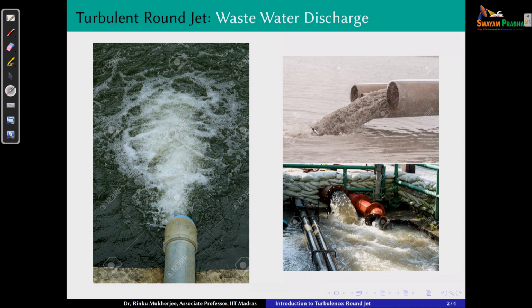That is one thing, and also the conditions in which the fluid was moving through these pipes change. It could be velocity, it could be temperature, it could also be the amount of contamination, because this is all dirty wastewater being discharged into the rivers or oceans.